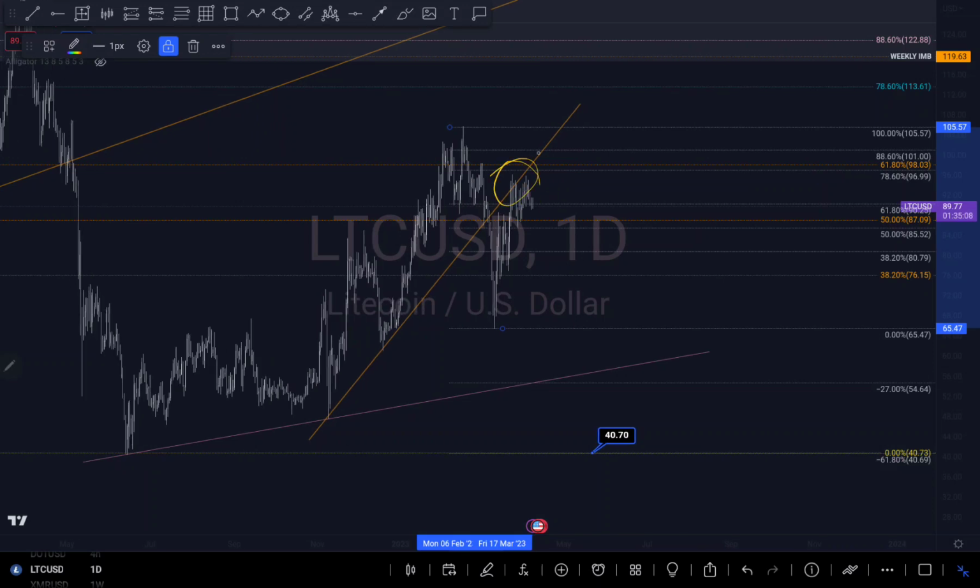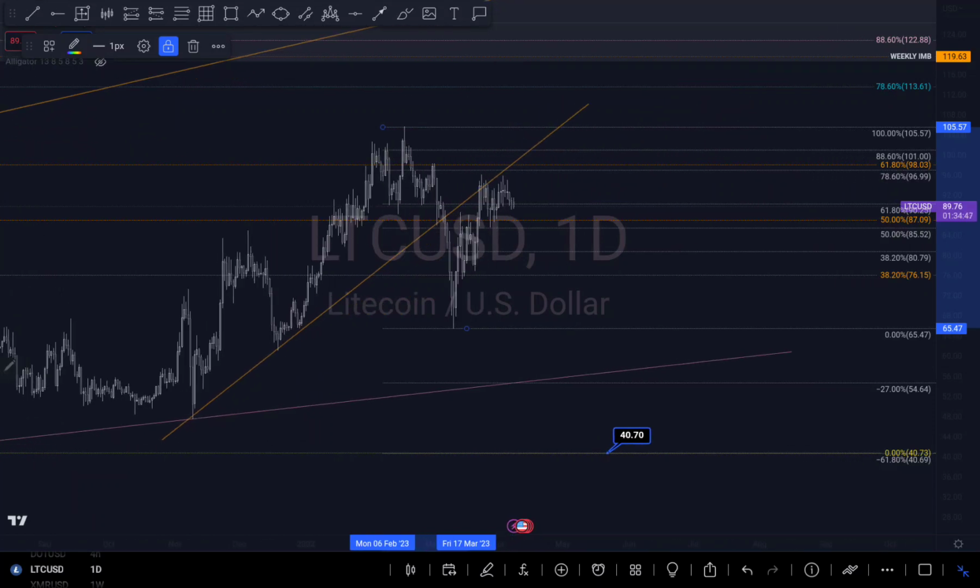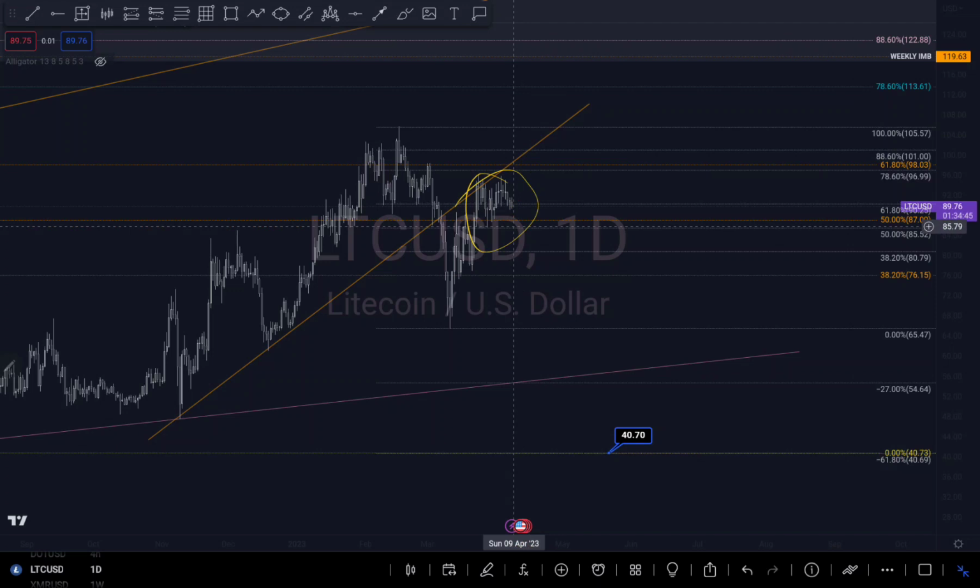A rejection around this level, or we might just push a little bit more to my deeper retracement levels that I like, 88.6% or 78.6%. Those are my deep levels that I like. So we might just get there, but we can see it's at the range of the 61.8% fib level, which is also a significant zone as well.